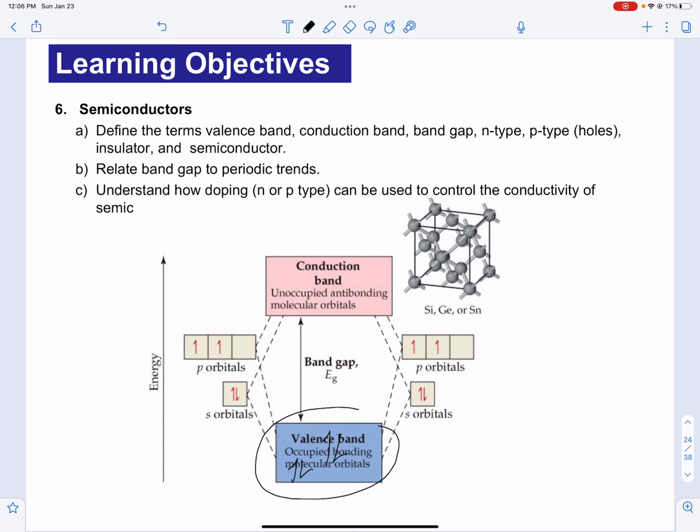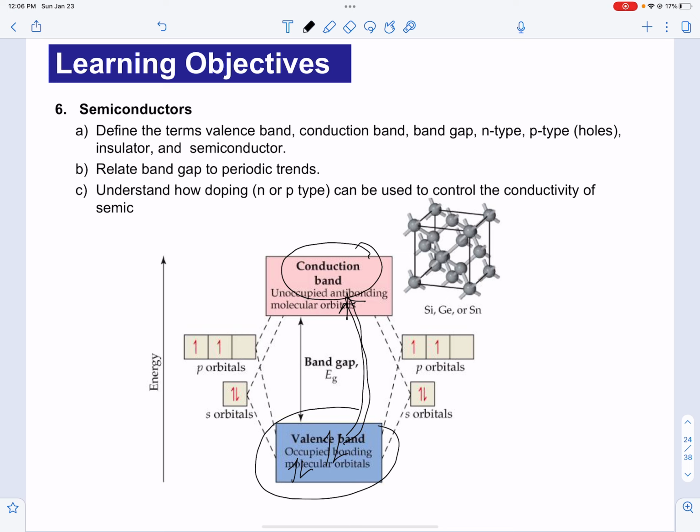So if that energy is big enough to jump there, then you have electrons moving, which means that you have a current, or you're creating an electric movement. So whenever the electrons move in there, they are conducting electricity.